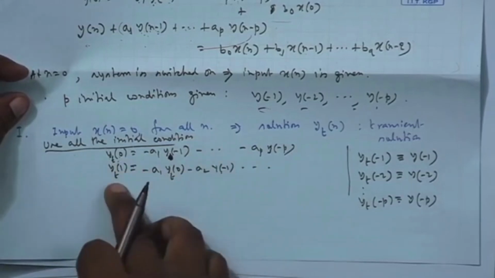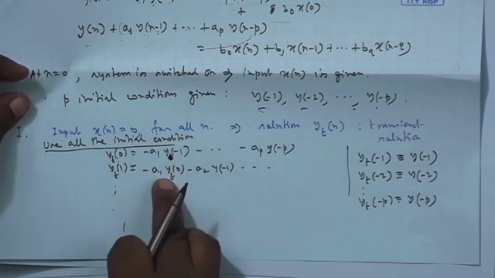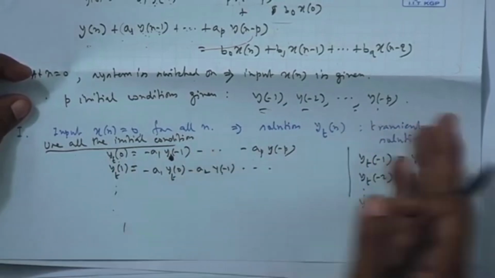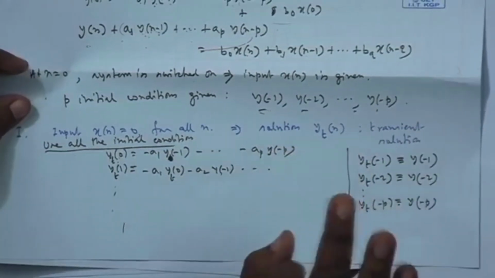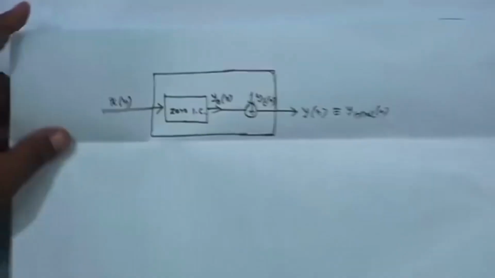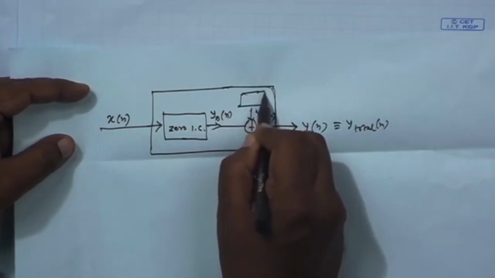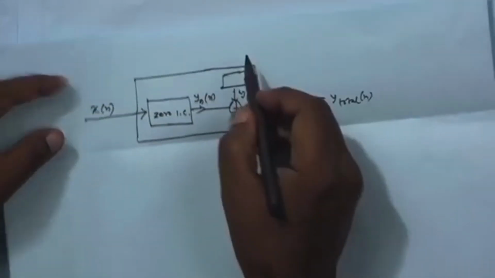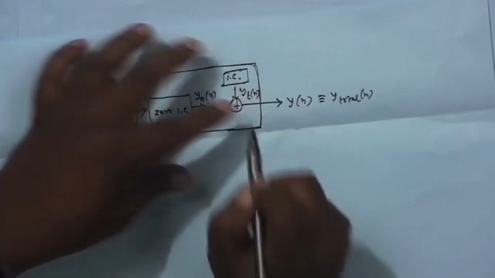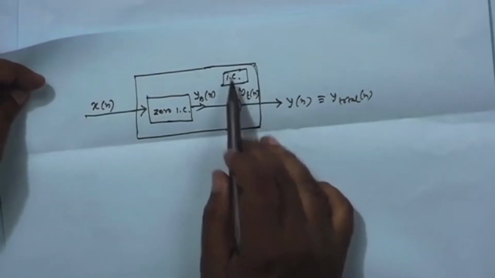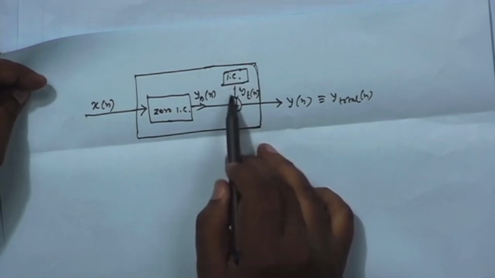So y t 0 is known, then y t 1 is minus a 1 y t 0, already obtained, then minus a 2 y minus 1, using the initial condition, and so on. So that means it is also the output of a system, but that system takes no input; it uses only the initial conditions, IC. Based on the initial conditions, the difference equation with input 0 gives rise to y t n.